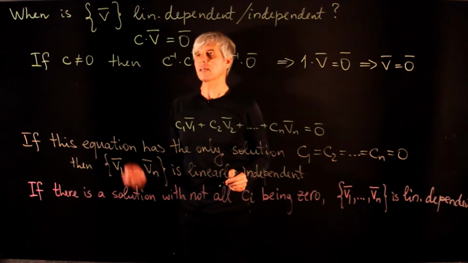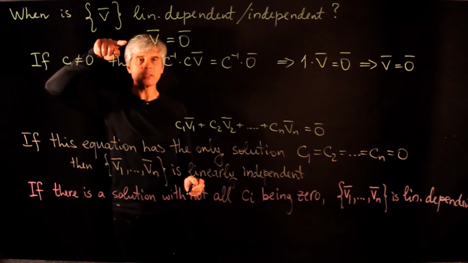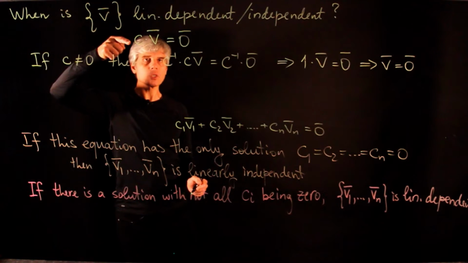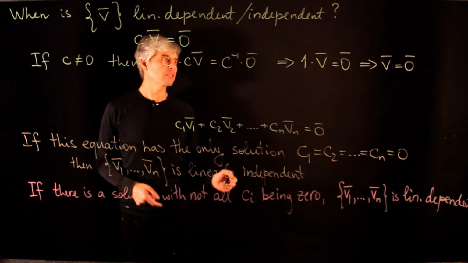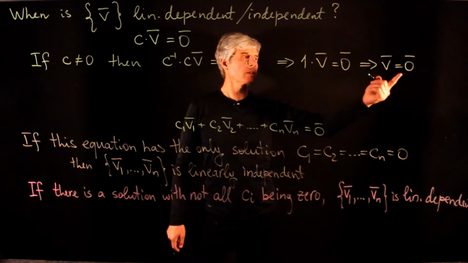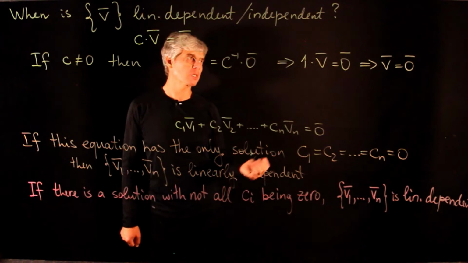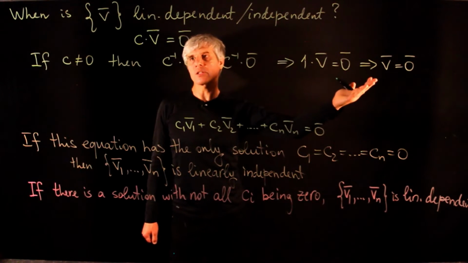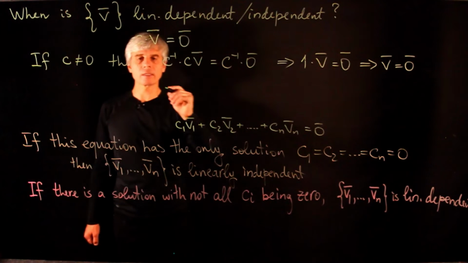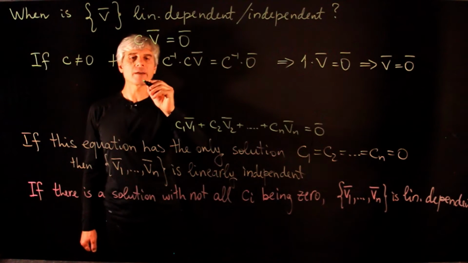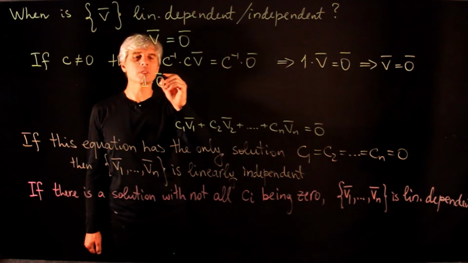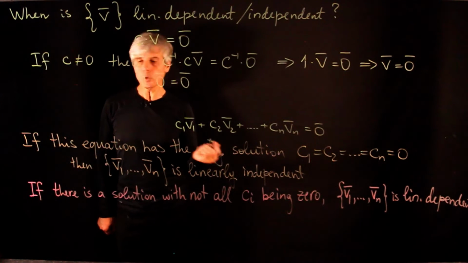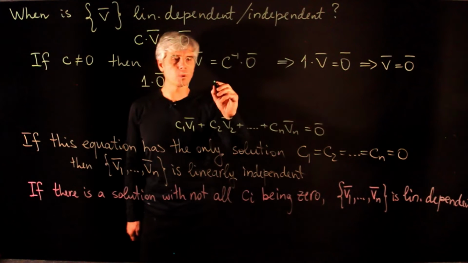So what we see is that if this vector equation has a solution with non-zero values of c, then the vector is equal to 0. And conversely, if a vector is equal to 0, then obviously this equation will have a non-zero solution because 1 times the 0 vector is equal to 0. So the conclusion here is the following.